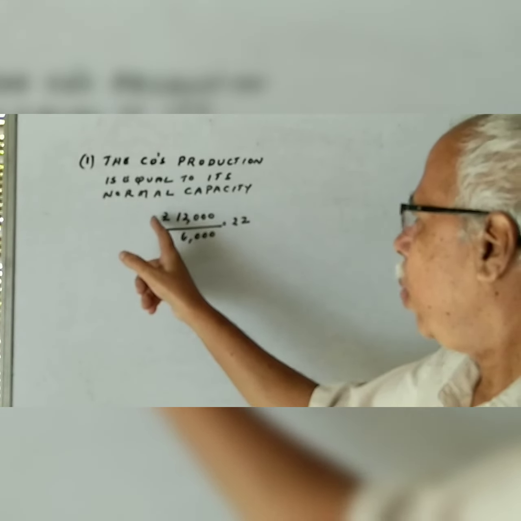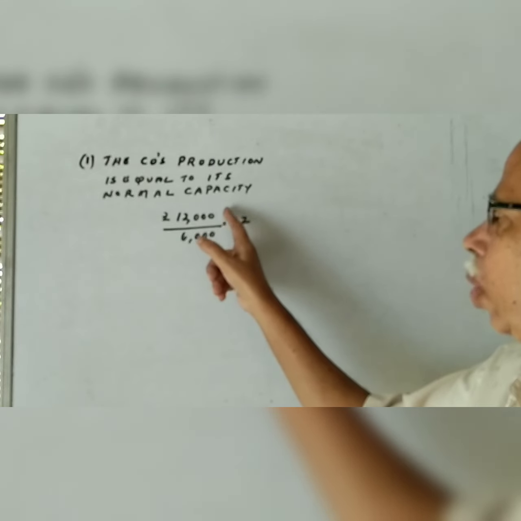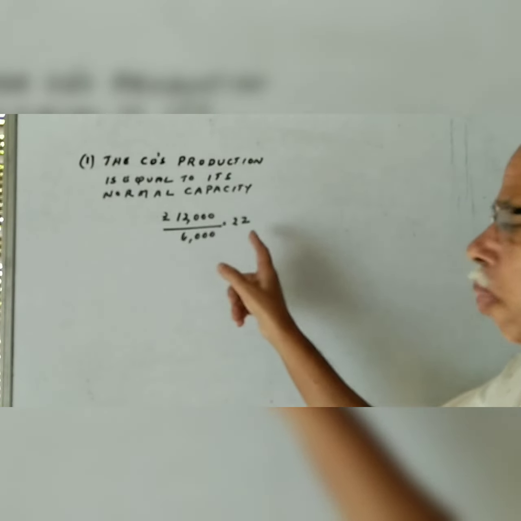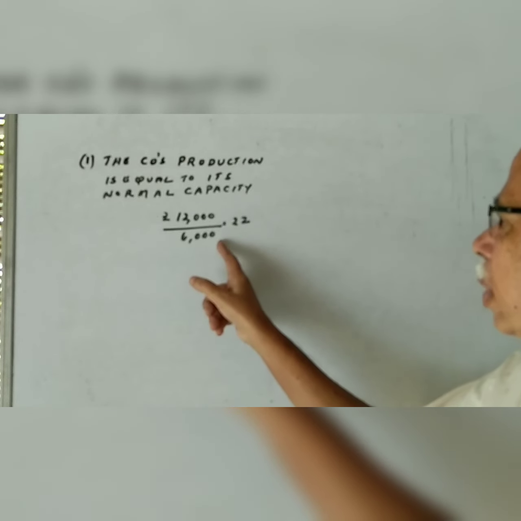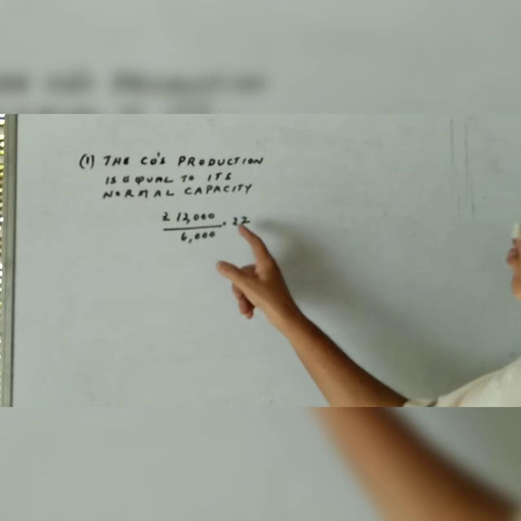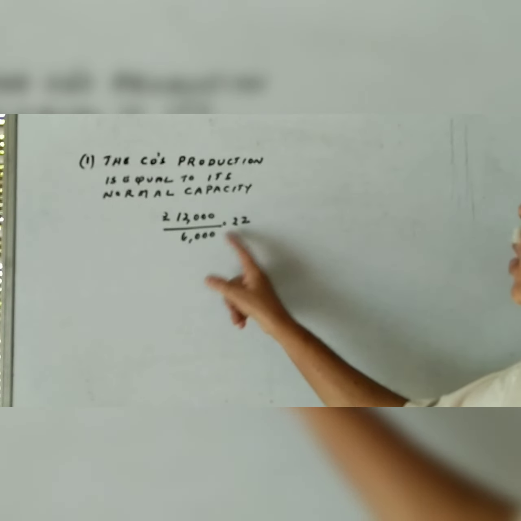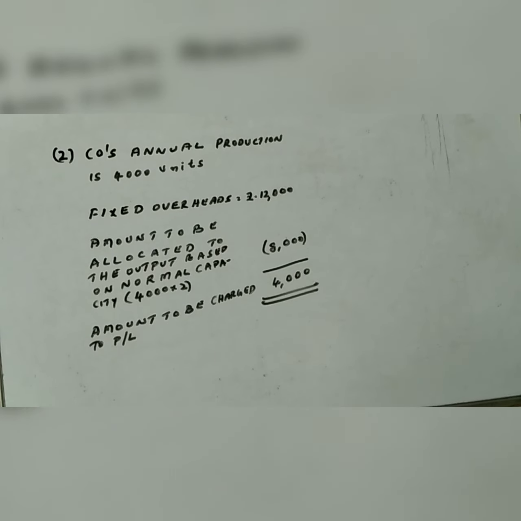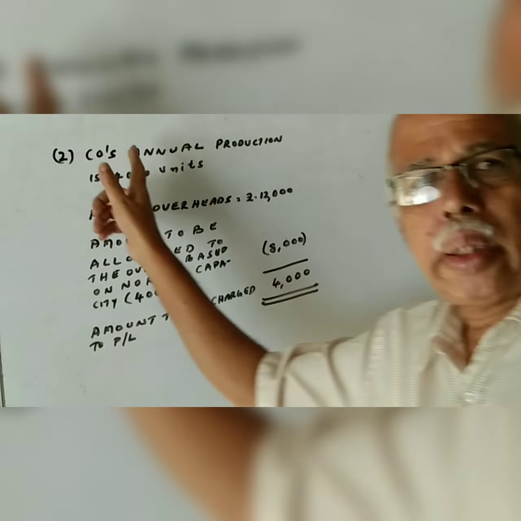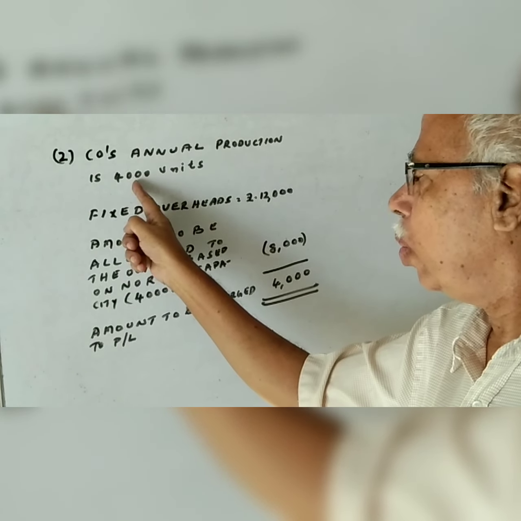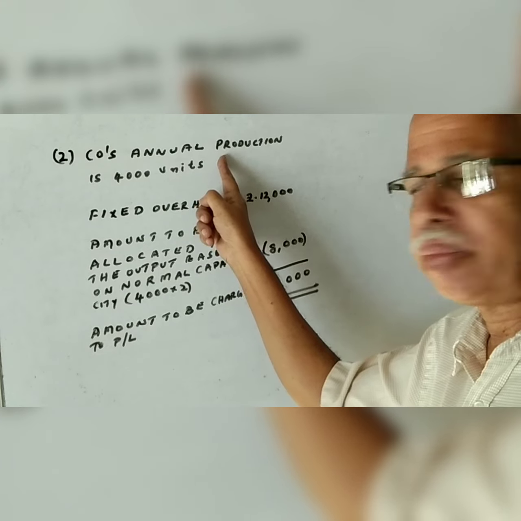The company's production is equal to its normal capacity. So, annual overheads are rupees 12,000. Number of units produced during the year is 6,000. 12,000 divided by 6,000 is rupees 2 as the overhead per unit. Second scenario: the company's annual production fell to 4,000 units.